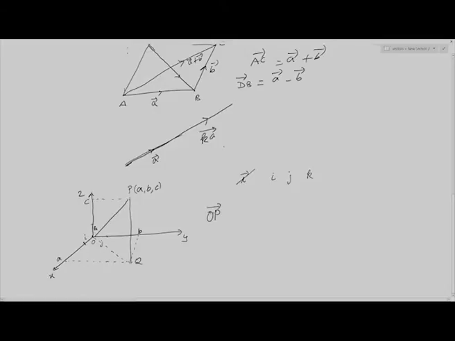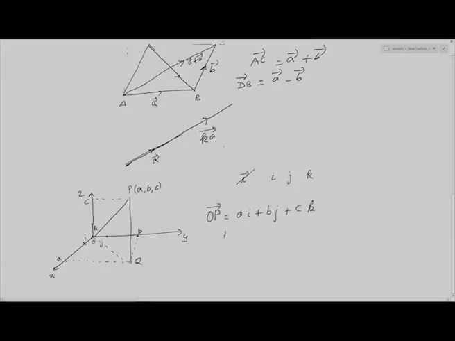Now if I introduce i, j, k, then b is the length between the origin and this point. Therefore, this vector is a i here, b j here, and c k. Therefore, OP is equal to a i plus b j plus c k.